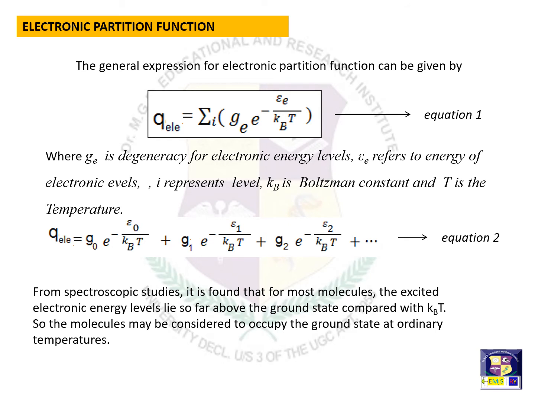From electronic studies, it is found that for most molecules the excited electronic energy levels lie so far above the ground state compared to the kBT value. That is, the electronic levels are separated so far that rather than undergoing transitions, the particles remain in the ground state itself. So the molecules may be considered to be occupying the ground state at ordinary temperatures. The expanded equation is considered to be equation 2.